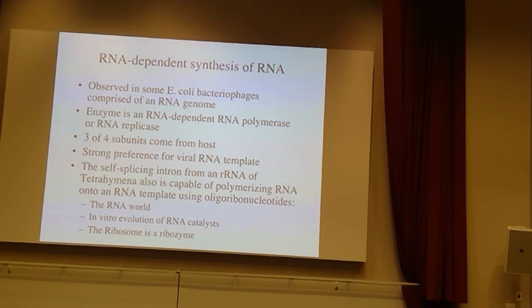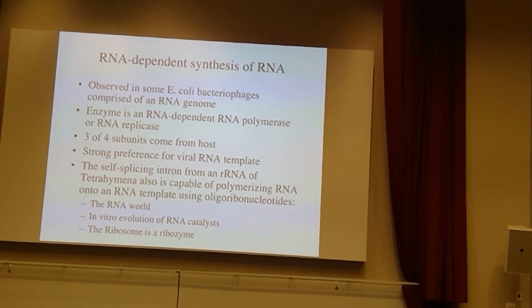And now we see that RNA can even catalyze its own replication. At least in a rudimentary way, it can polymerize ribonucleotide triphosphates. So it does seem to be a good candidate for the origin of life.